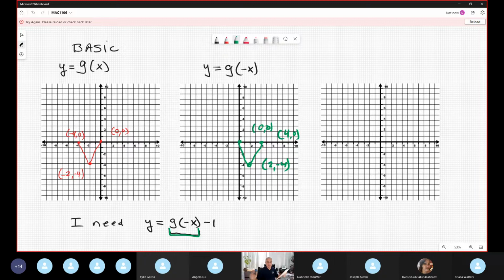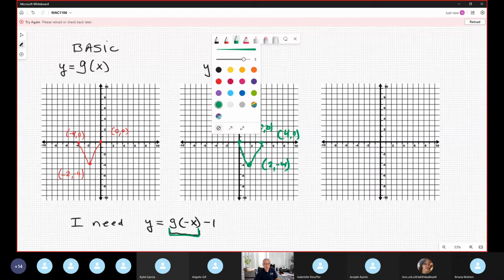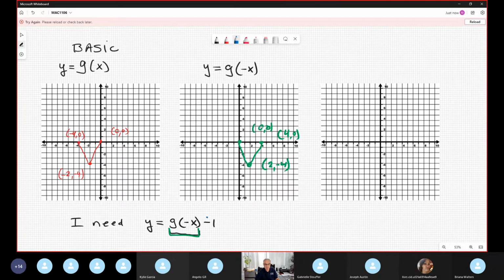Yes. Excellent. Now, I'm using another color, minus 1. Minus 1 is easy because it is a vertical shift 1 unit down, no? Actually it is negative 1. Now, point by point, you are subtracting, you are going down because it's negative 1 unit in the y component.